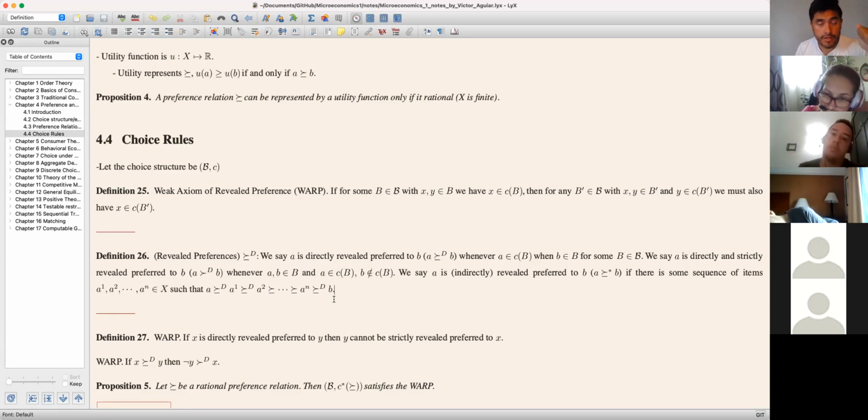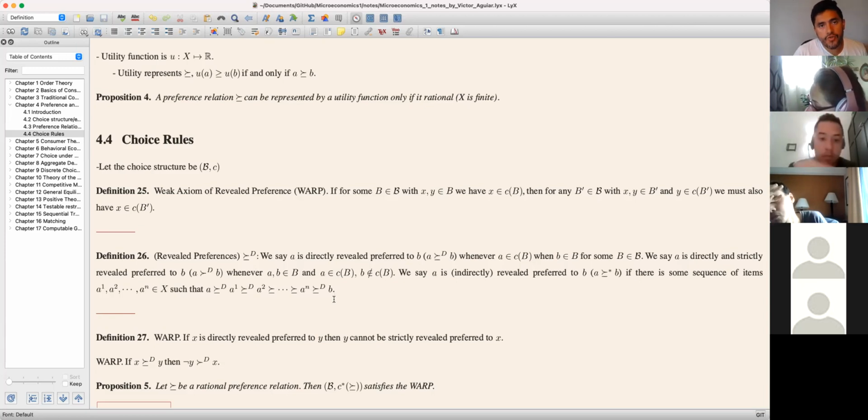So I say A is directly revealed preferred to A1, and then I see A1 versus A2, and you pick A1, and then A2 versus A3, and finally I see that AN is preferred over B. Then I can put them together and make the inference, and I say you are telling me indirectly that A is better than B. Under the indirect revealed preference relation, I'm saying A is revealed preferred to B.